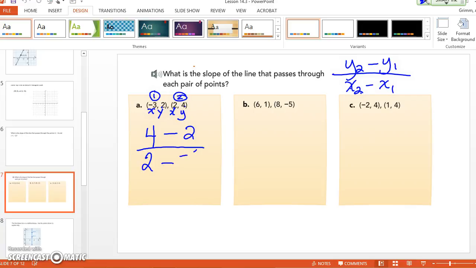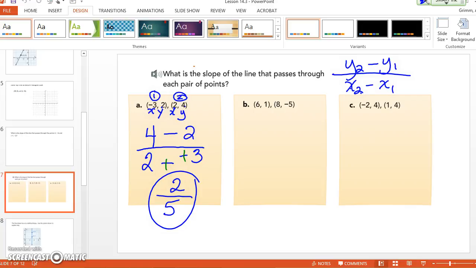Take away negative 3. And 4 minus 2 is 2. And then we're going to do plus plus. So 2 plus 3 is 5. And you always make sure it's in lowest terms, but that one is, so we're done.